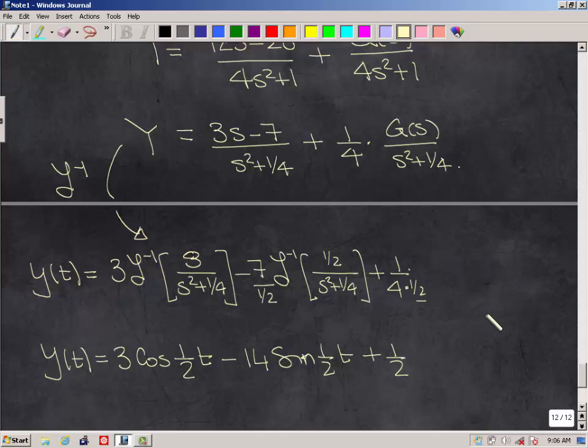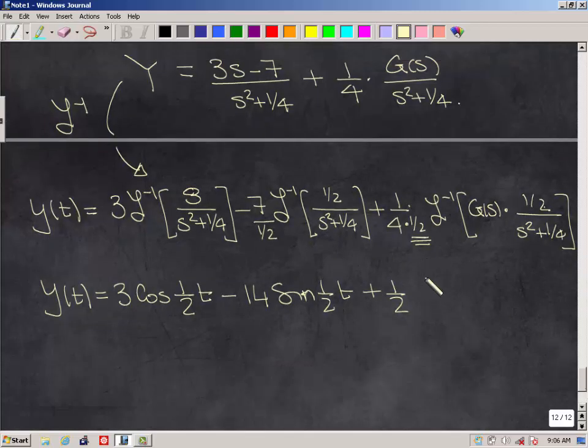Let me get rid of this. So we get inverse Laplace of g of s times 1/2 on the top, s squared plus 1/4. So we multiplied by a 1/2, divided by a 1/2 here, and we're taking the inverse of that. So this is just the convolution. So it'll be basically the convolution integral. So we get 0 to t, because this is just f star g, where f is this function here and g is just big G. Okay, so it'll become what?